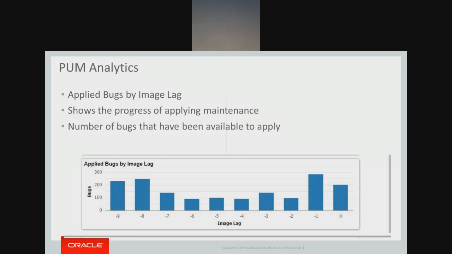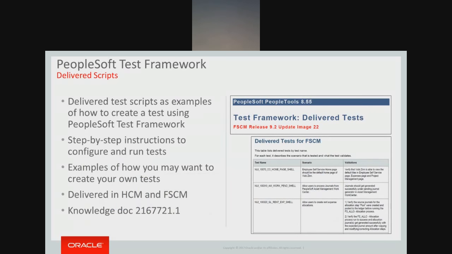Does that make sense? Yep. So it's very tightly integrated with the lifecycle management capabilities, and it's very metadata aware, and that's what makes it different from any other regression testing tool that you might use: that level of cognizance of the objects within the PeopleSoft environment.